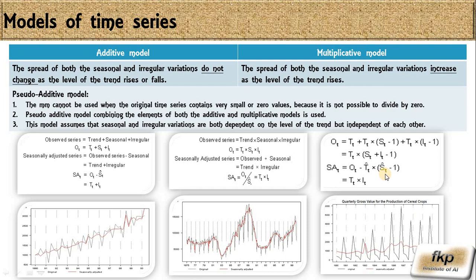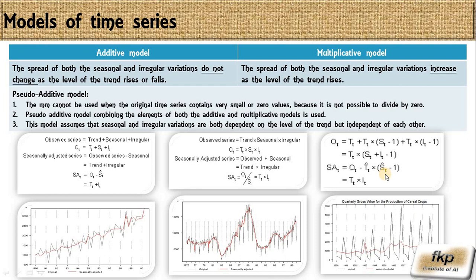And actually, this pseudo additive model thinks that seasonal and residual components are both dependent on the trend. When the trend is moving, these two depend on it: the seasonal series also moves, going high, and the residual components also move along with the trend, but independent of each other.